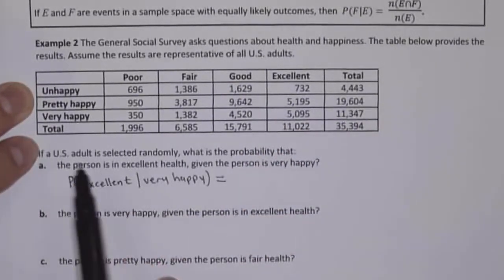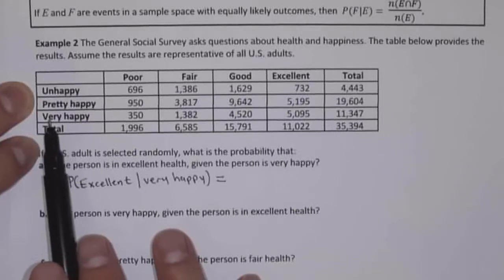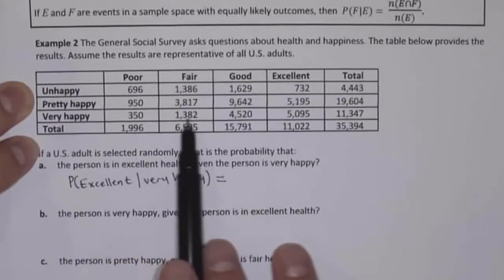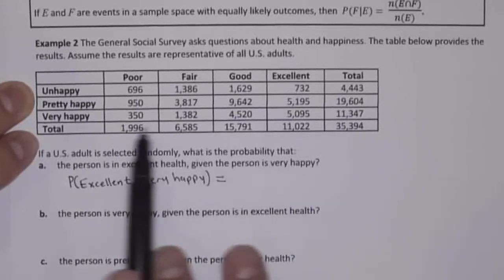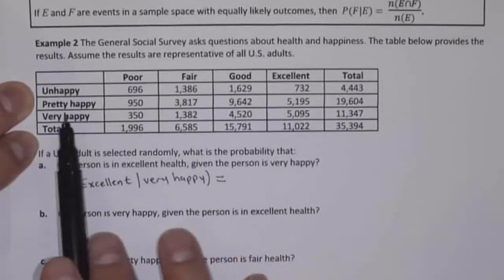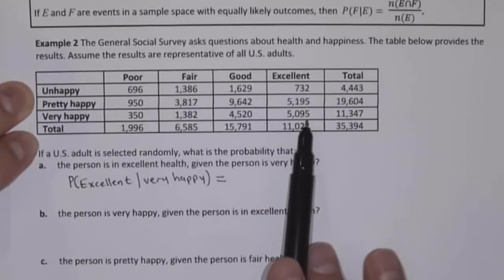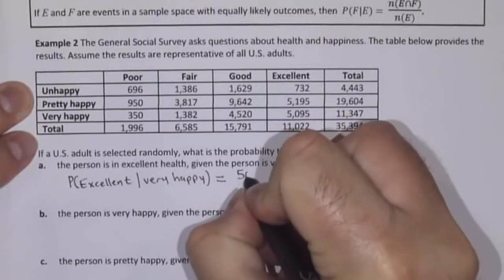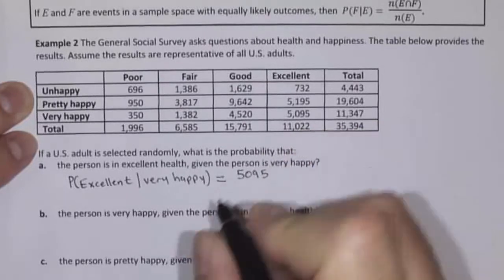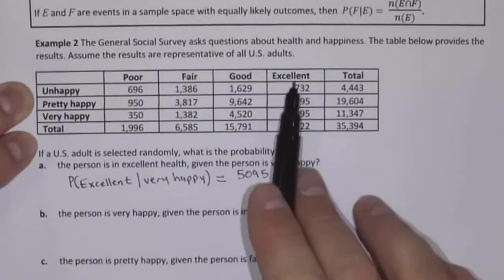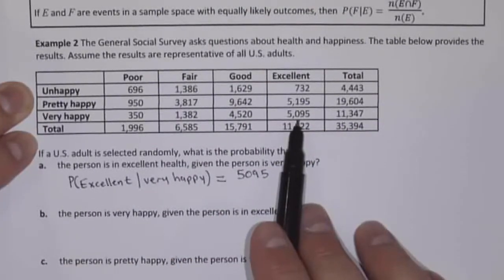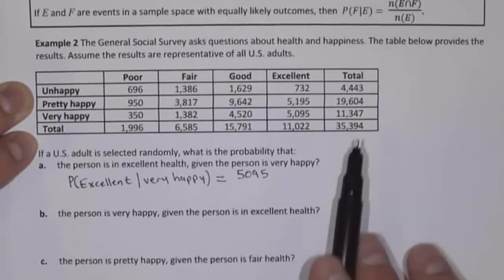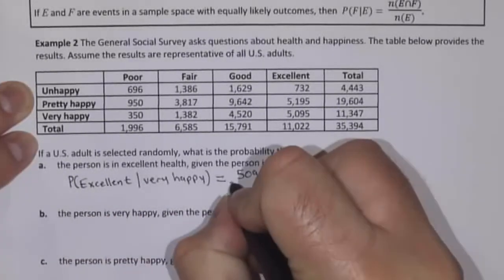So if we take a look at our table, the fact that we're given they're very happy means we're only interested in the individuals in this row. Of the individuals in this row, 5,095 are in excellent health. So we have 5,095 individuals who are both very happy and in excellent health, and we have 11,347 who are very happy.